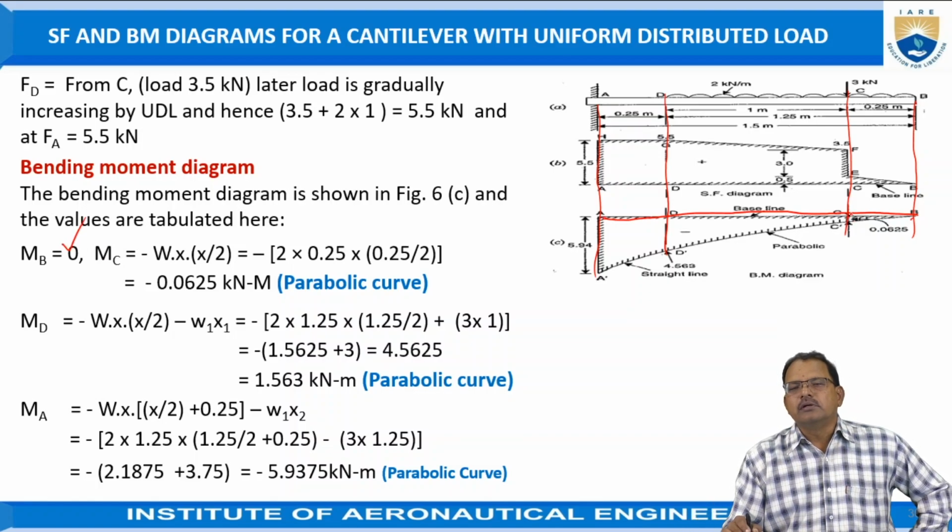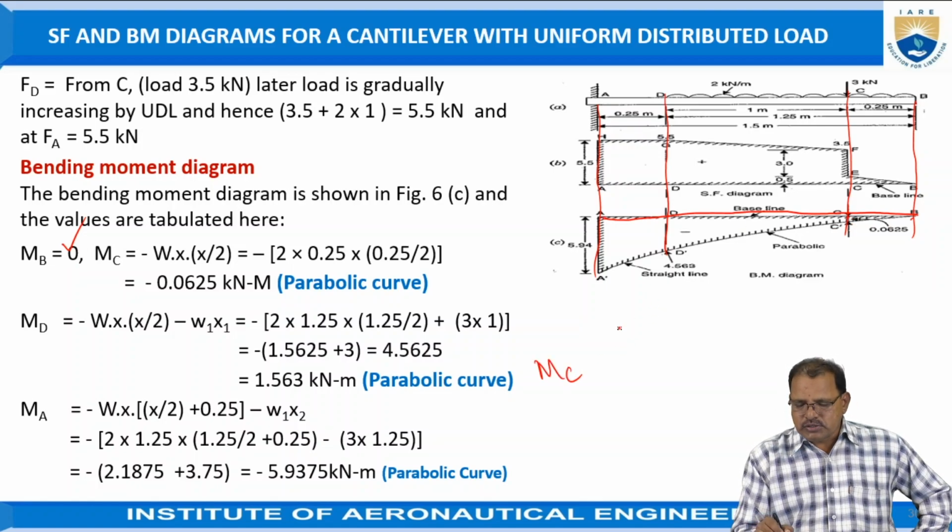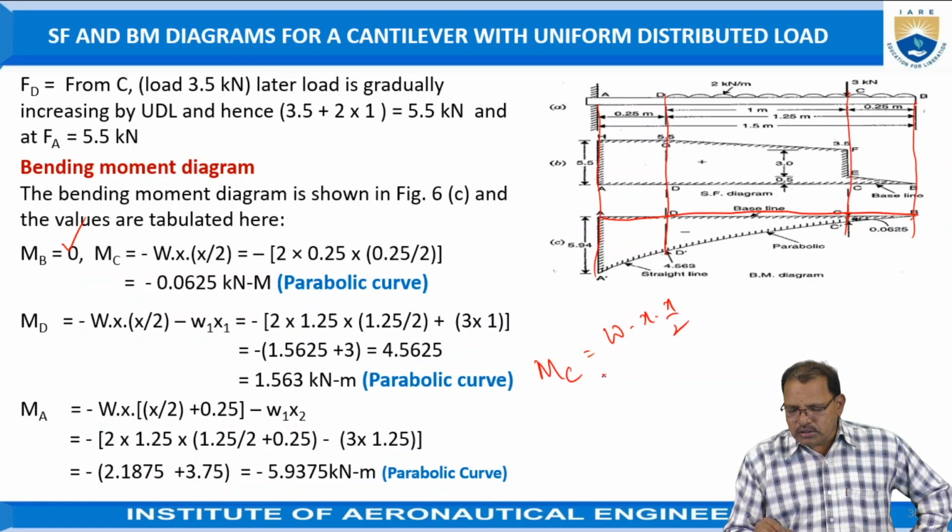At C, M_C, the bending moment at a point C, is equal to load into X by 2, where X is nothing but the distance between the points that is required. So here according to this problem, W is equal to 2 kilonewtons, X is equal to 0.25, that is 2 into 0.25 into 0.25 divided by 2.